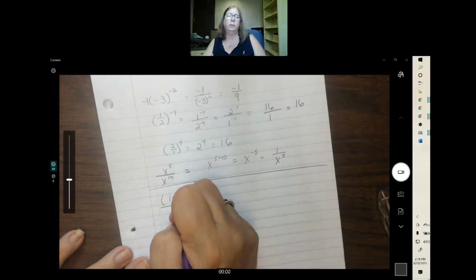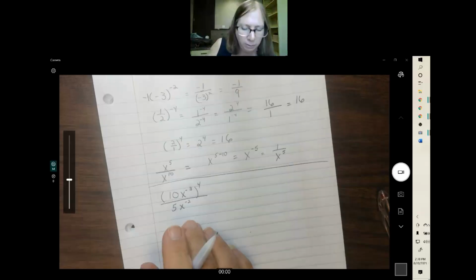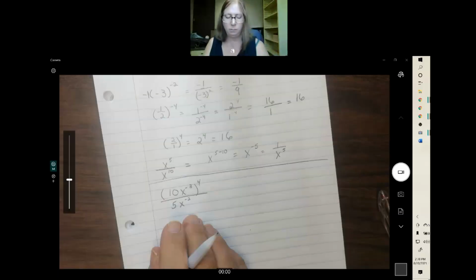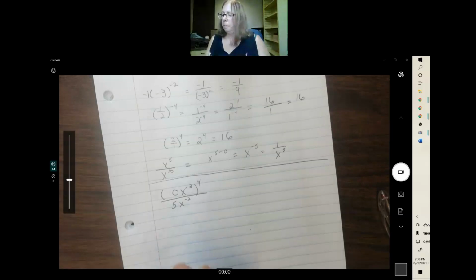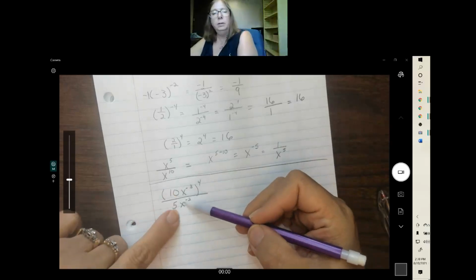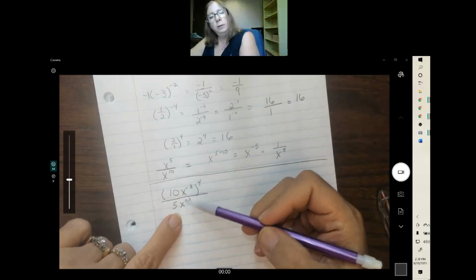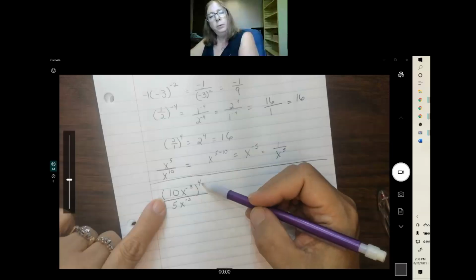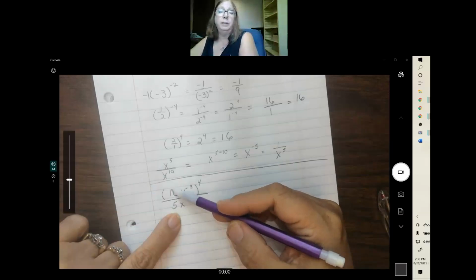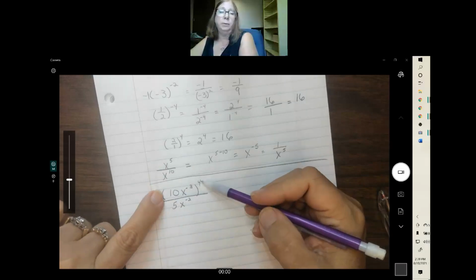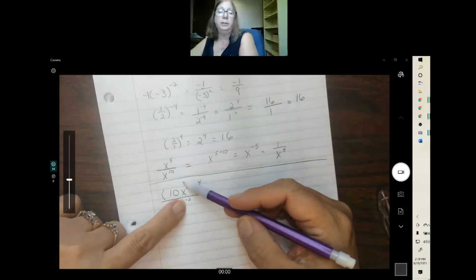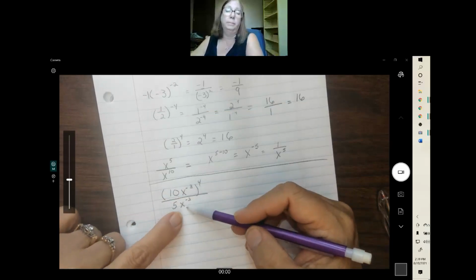A lot of students who were working ahead had questions on this one yesterday. Now you cannot simplify these first because the quantity is only on the top. If this was over the whole thing, we could take 10 divided by 5 and get 2. But because the exponent out here, the 4, is only on the top, you have to do that first before you can simplify with the bottom.